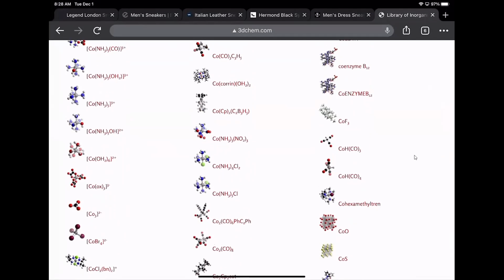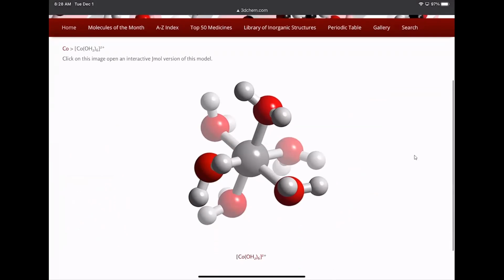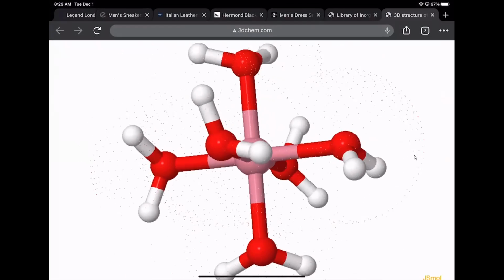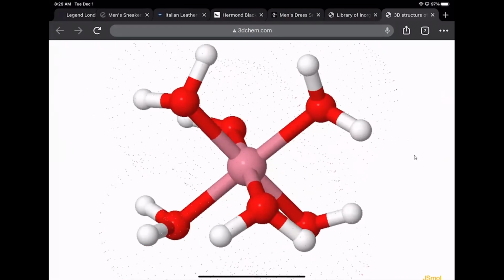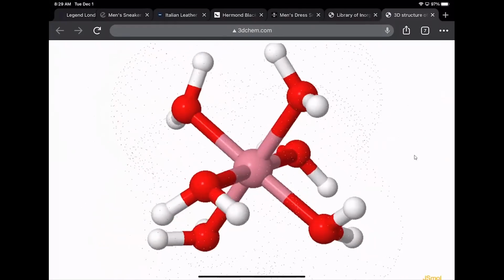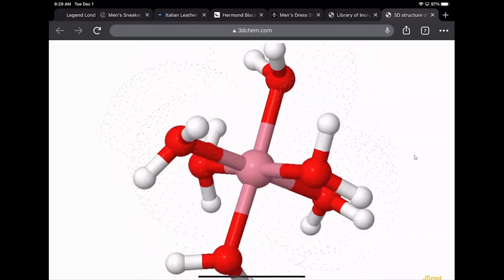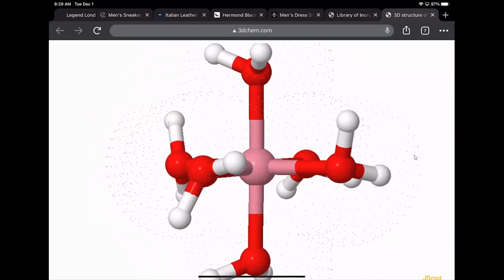How about one with water all around? Let me see if I can position this correctly. So something similar to what I've drawn.